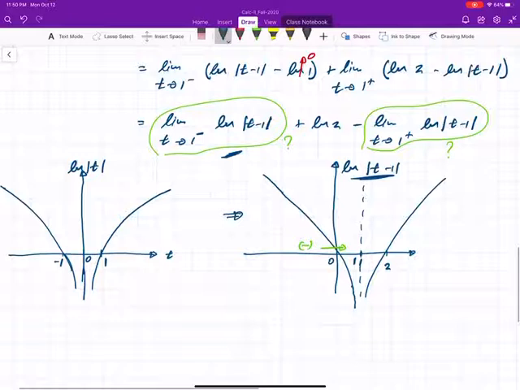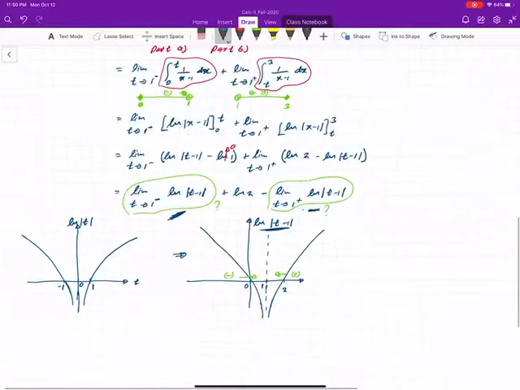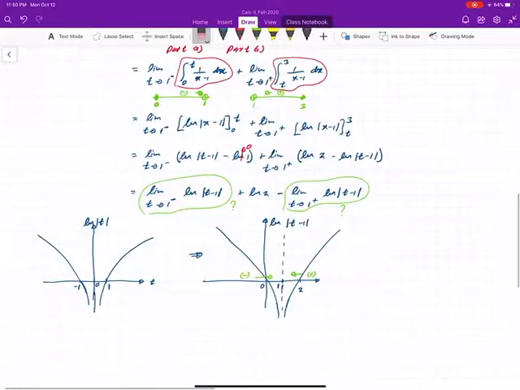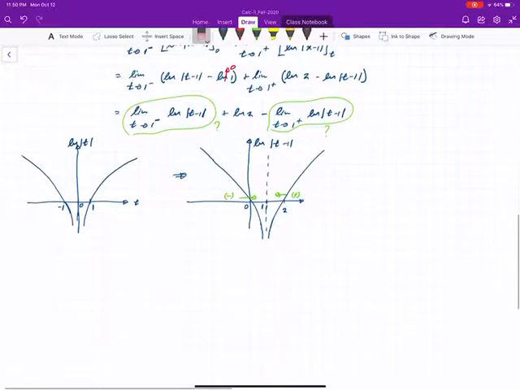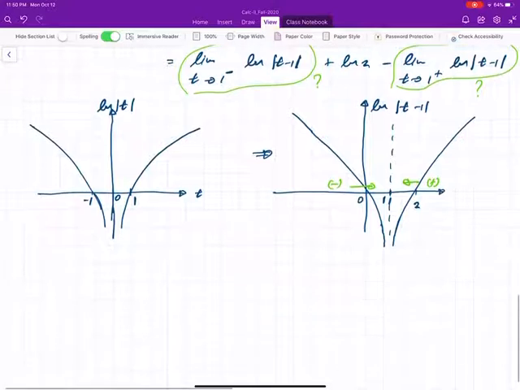In this part, it says you have to go to 1 from the positive side. That means you are reaching from the positive side, like that. When you are reaching 1 from the positive side, this curve goes to again negative infinity. So this part is negative infinity, that part is negative infinity. Let me write something here.